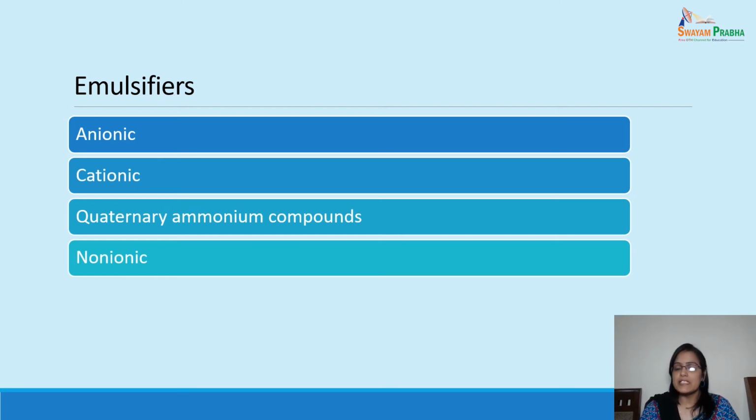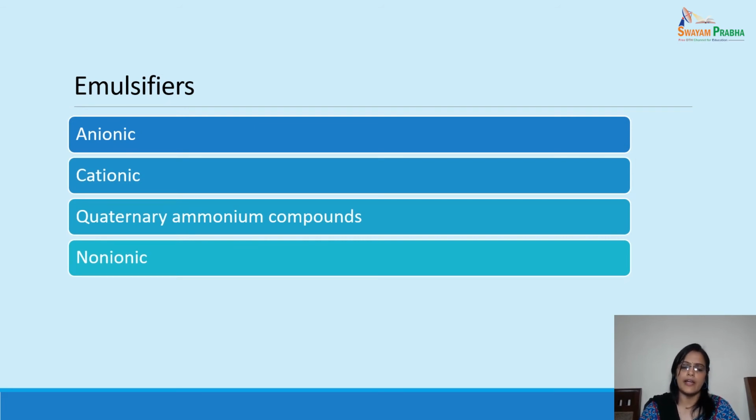We have discussed anionic, cationic and non-ionic emulsifiers in the previous modules and in the subject of cosmetics and cosmeceuticals, so we will not go into much detail here.